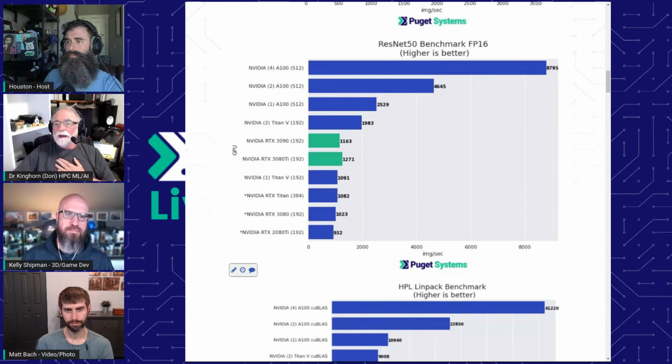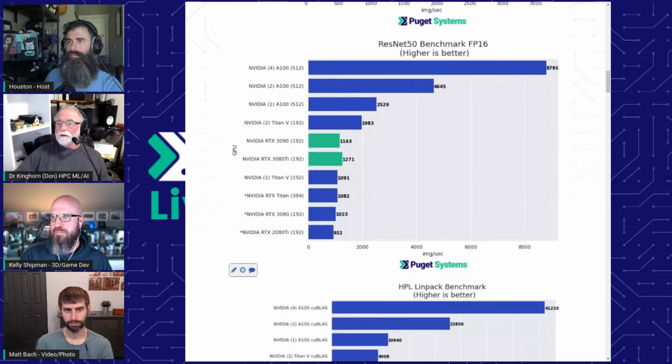But the 3090 will do better than this. This is the FP16, the half precision. This is where tensor cores come in. Standard tensor cores come in on the GeForce GPUs. They're lower precision, but they offer way more performance.